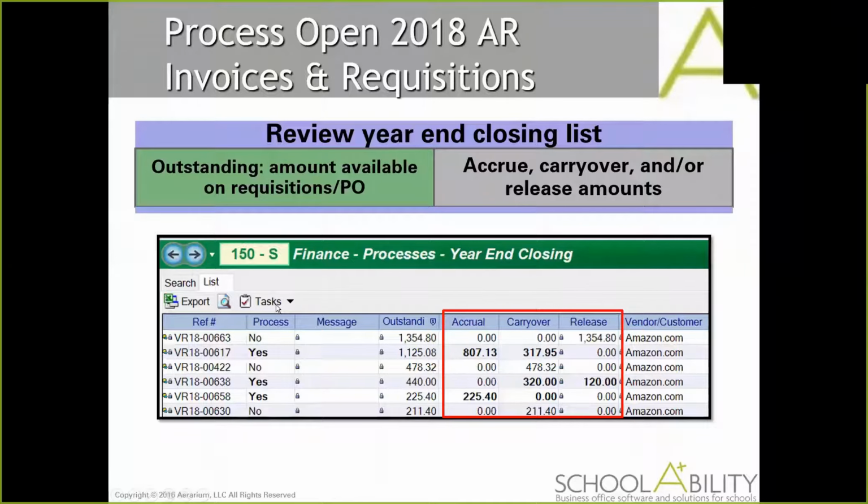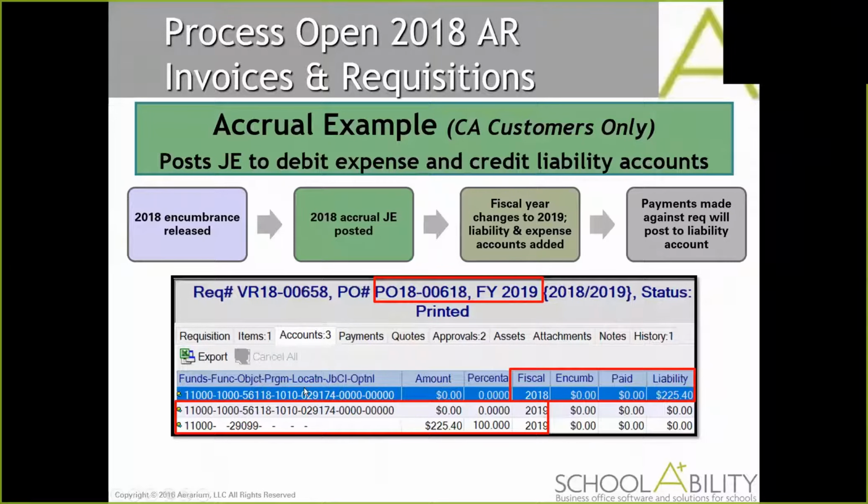After you click tasks and post, this is an example of how the requisition will appear in the FY19. So when you open up that record, and you click on the accounts tab, it's going to show the original. In this case, we said we wanted this one posted as an accrual of $225.40.